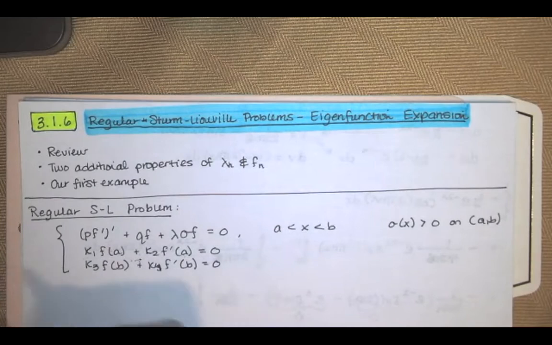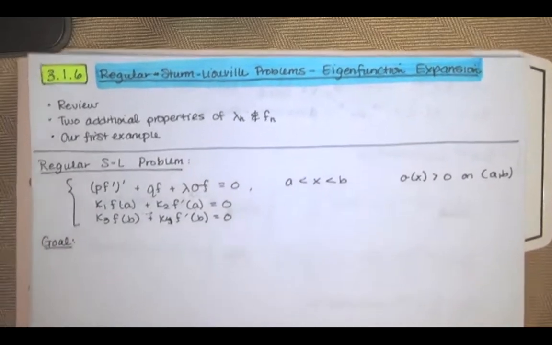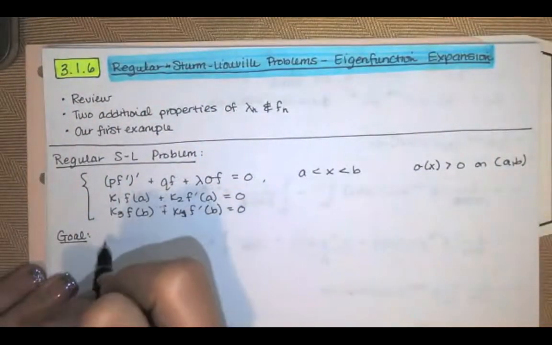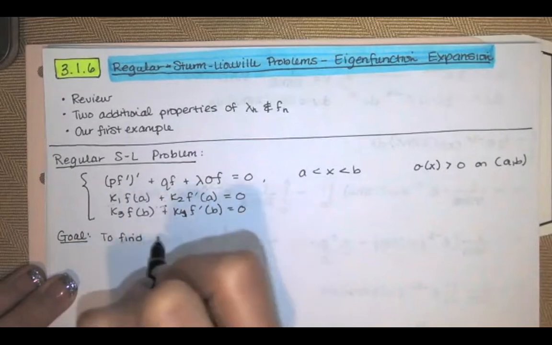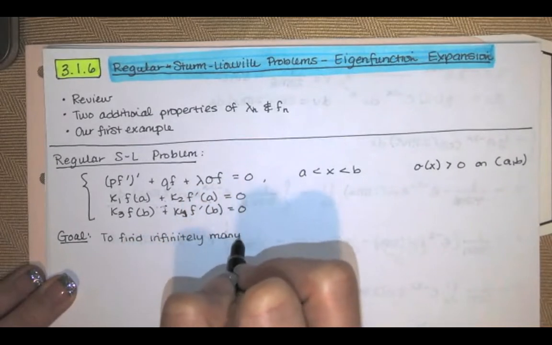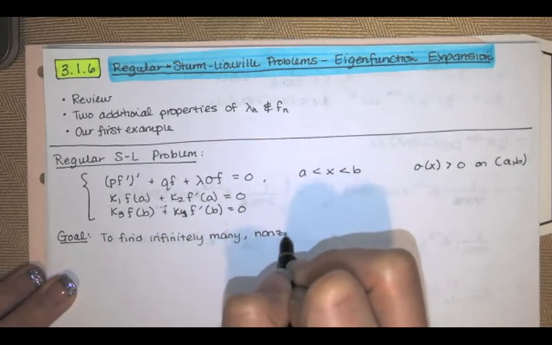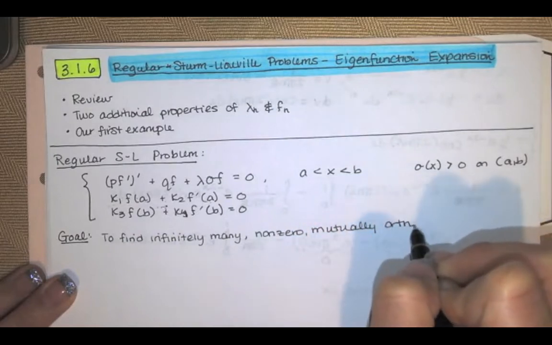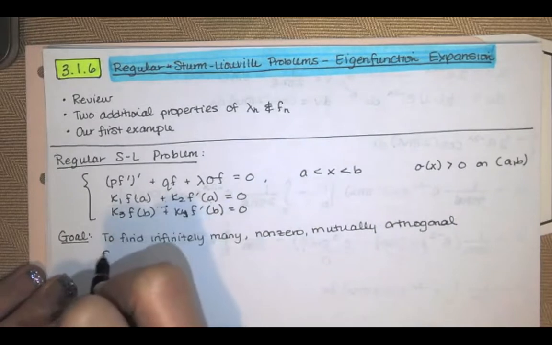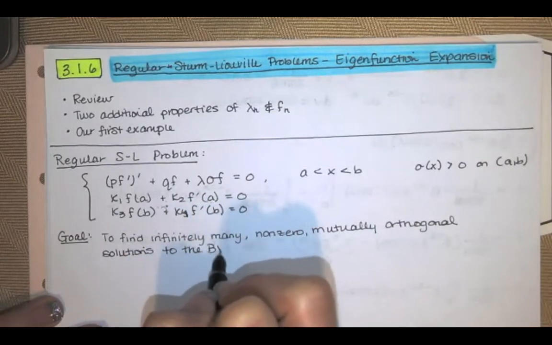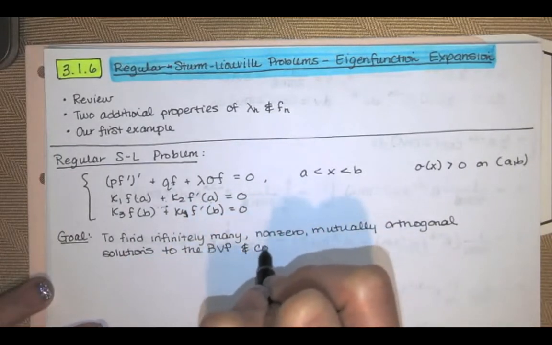So whenever we have something like this, our goal is pretty much just like whenever you're solving an initial value problem, your goal is to find the infinitely many non-zero, mutually orthogonal solutions to the boundary value problem, and corresponding values of the parameter lambda.